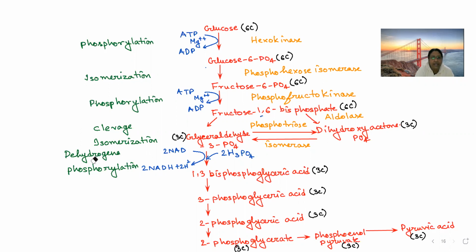Or I can write here as reduction of NAD. Don't you think we can call it a reduction of NAD? So remember, in this step, 2 reactions are taking place.